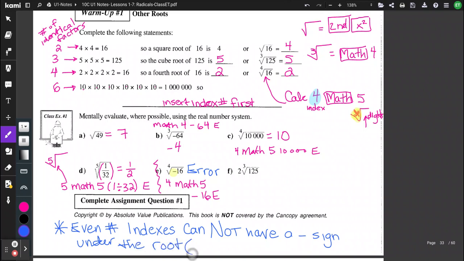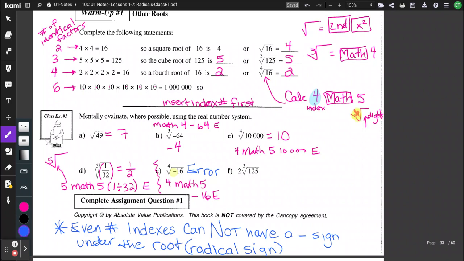Whoa, that's glitchy. And the root is called a radical sign, just so you know. Okay, so even indexes can never have a negative underneath. They will always give you an error. Okay. Now, an odd index, they can have negatives underneath, but not the even ones.